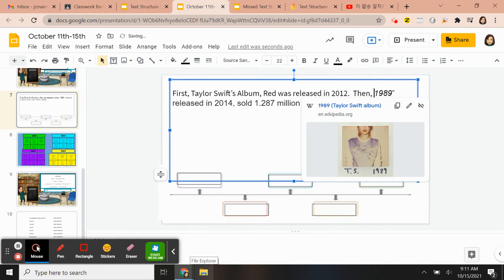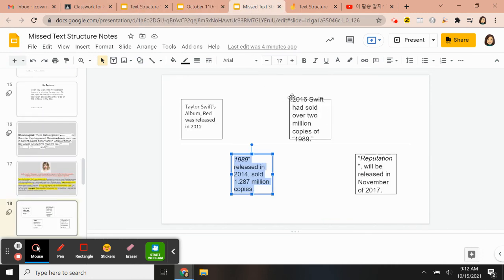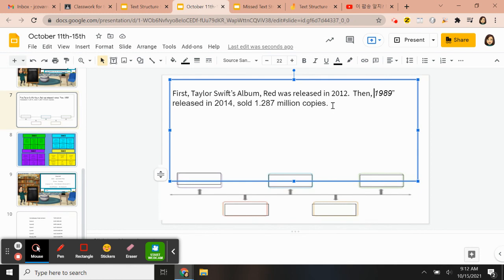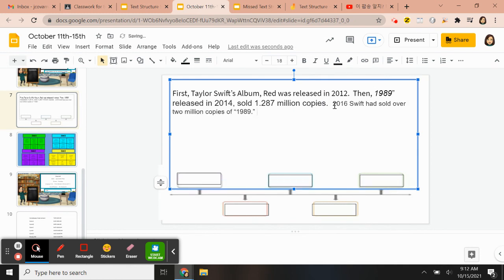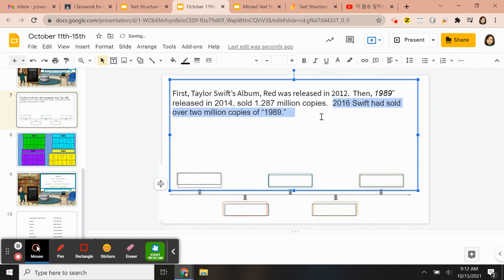Then. Okay, and now we're going to go get our third event, which was 2016. What is a word that we can use for this one right here? Perfect, Christian. He said after. So I'm going to say after that, in 2016, Swift had sold over 2 million copies.